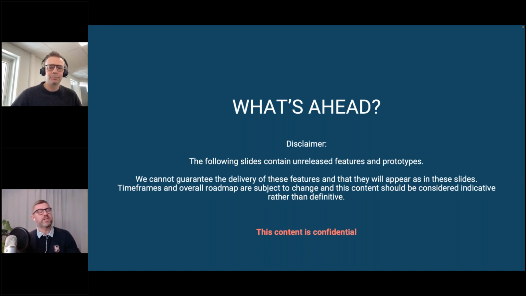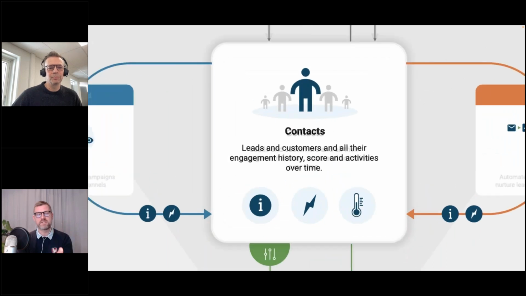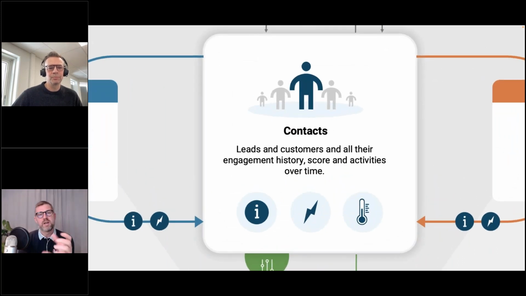So let's look a little bit ahead at what we're working on right now that we will be releasing shortly, by introducing the whole concept of the product as it is now, and where we are introducing new things later this year. So in the middle of everything, you have contacts, right? Customers or leads, people that you're trying to influence to make them stick around for longer, buy more, buy for the first time, whatever it is.